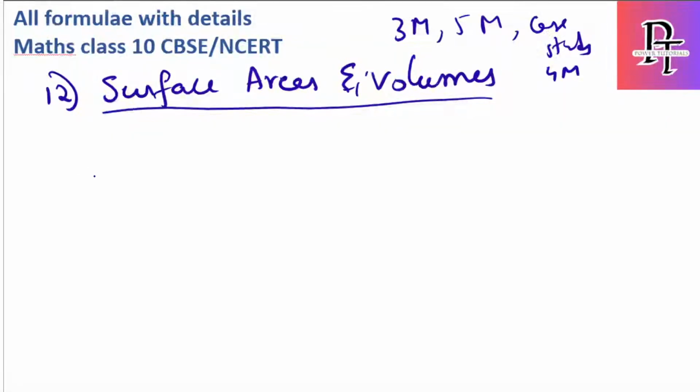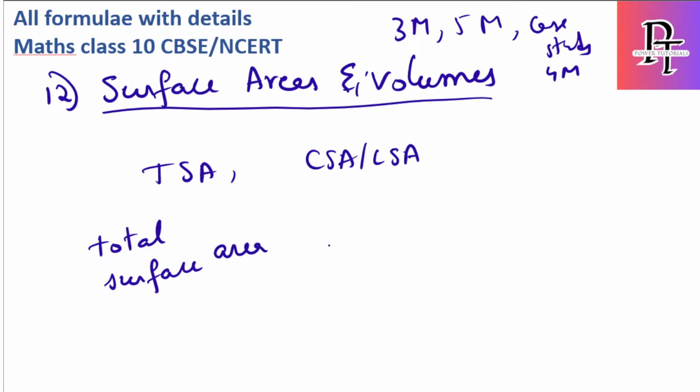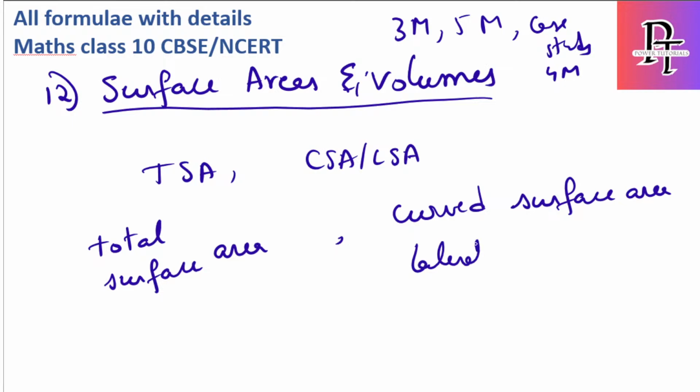So for surface area formulas, let's start from the first one, which is sphere. But before going to surface area formulas, first understand what TSA and CSA or LSA are. CSA is curved surface area, or LSA is lateral surface area.